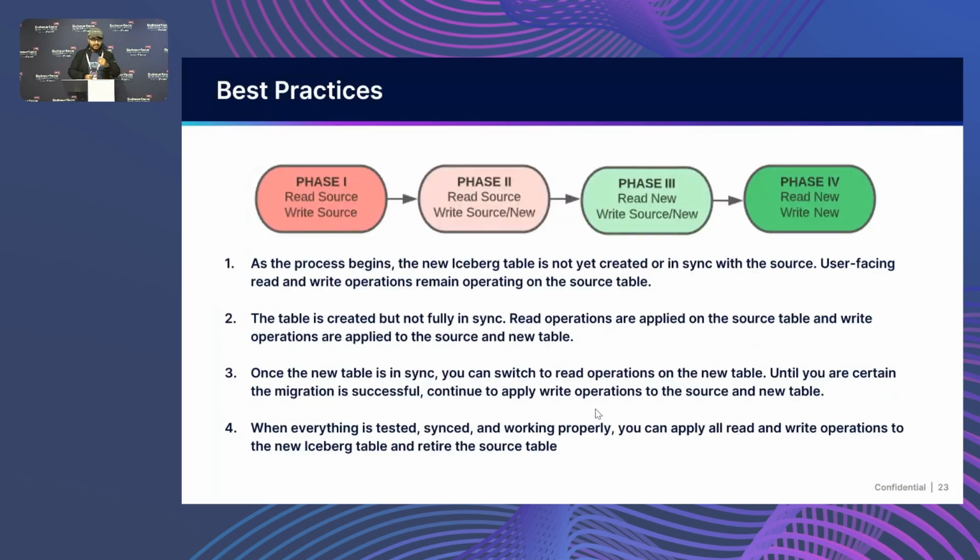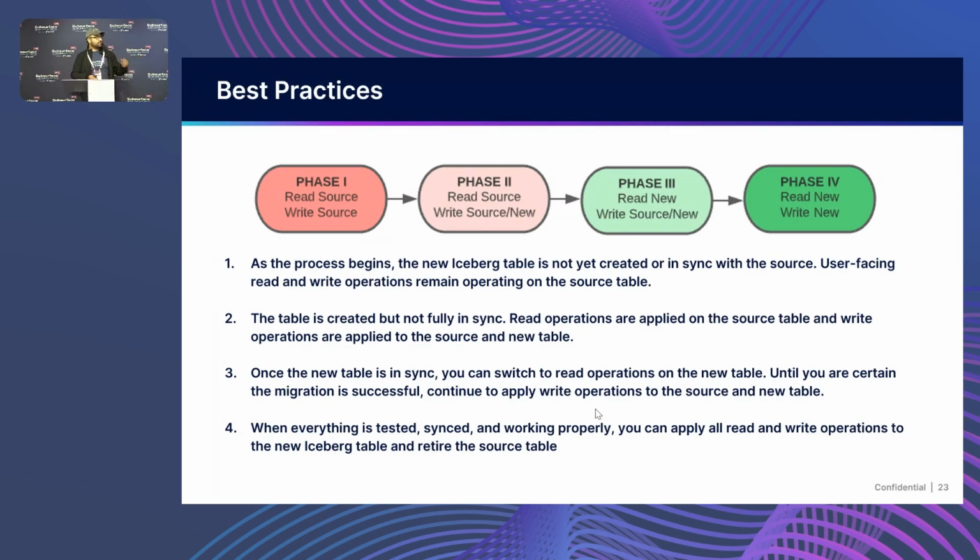Okay, and our last piece here is that you're going to want to schedule this in phases. You want to start out this migration process by reading from your old table, because you know your old table is still working. You still write to your old table, and then we begin the migration process. The first step is to create that new table and, every time new data comes in, write to the old and new table, because you still want the old table until you know you can move off of it.